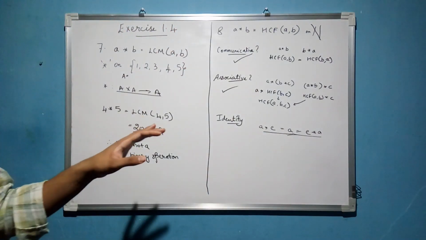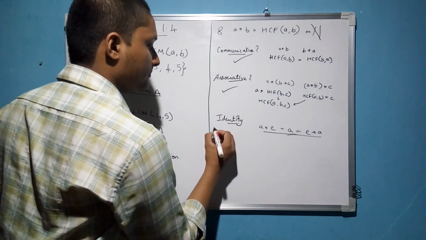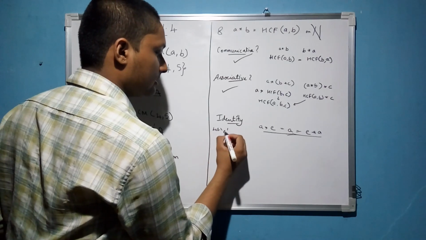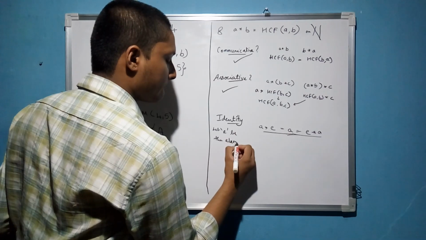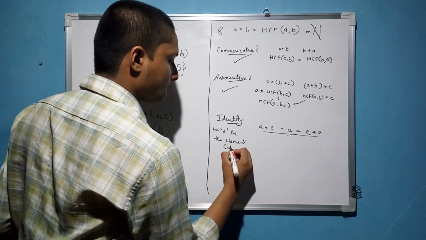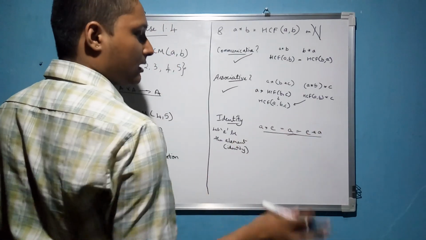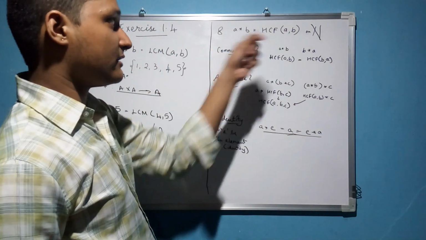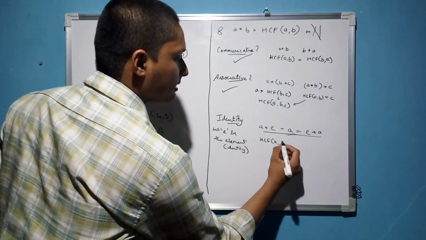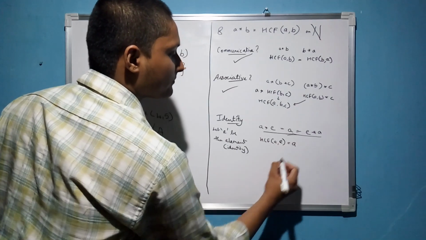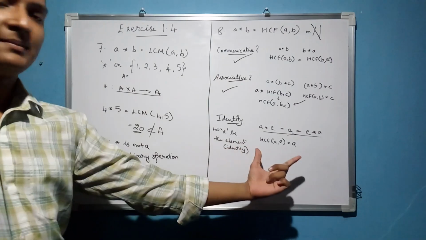Okay, so now take the first condition. So E is considered to be the identity element. You need to write that. Let E be the identity element. Now you have some arbitrary elements. So if it is HCF of A and E is equal to A, this comes to be the same, right? So those two conditions sum up to this condition only.